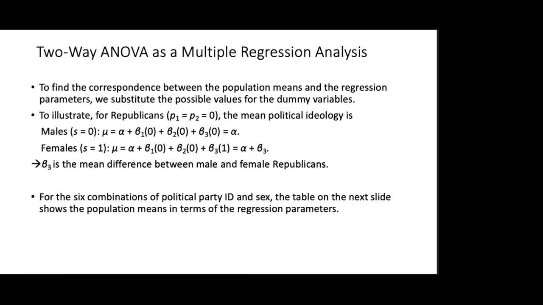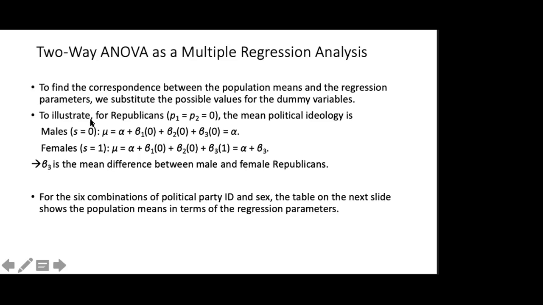And in order to find the correspondence between our population means and the regression parameters, we simply substitute the possible values for the dummy variables. It's really easy, right? Because the possible values are just 1 and 0. That's why the regression equation is much simpler if we substitute the possible values.